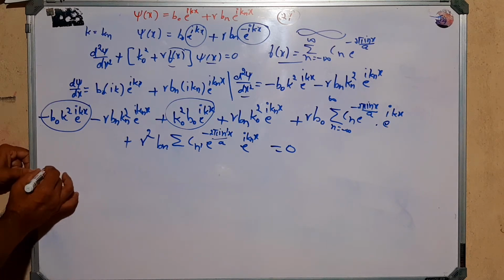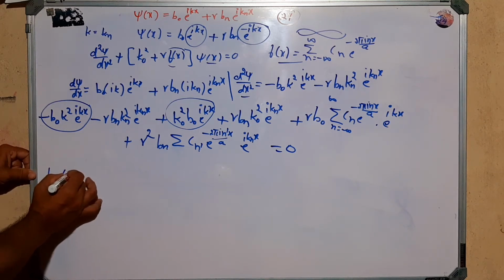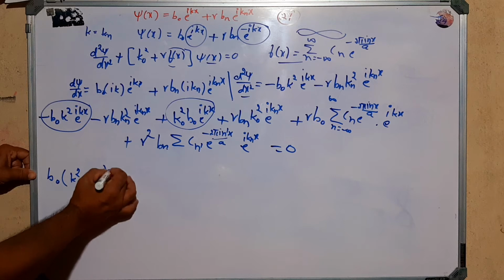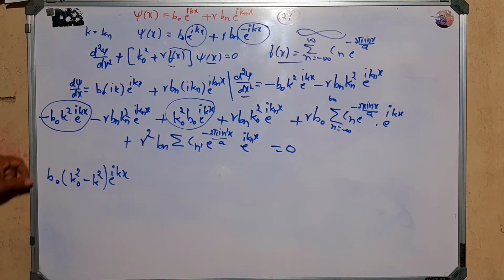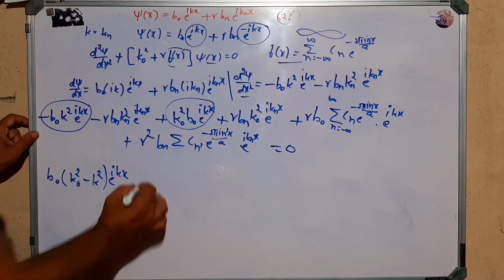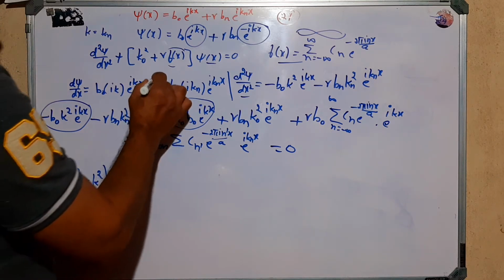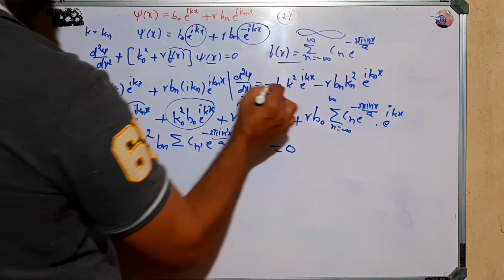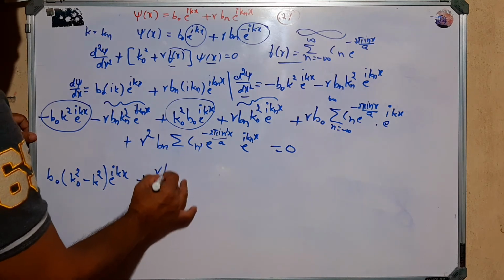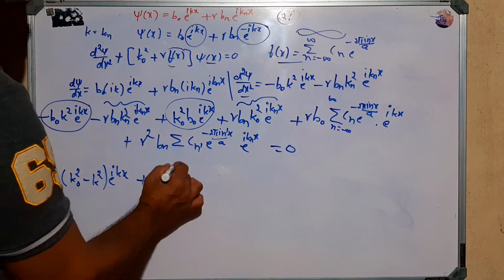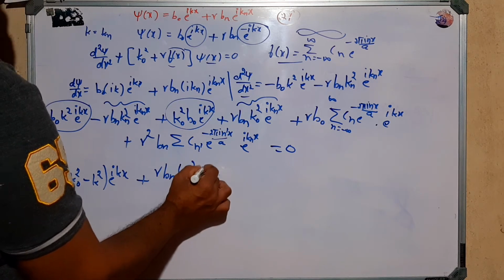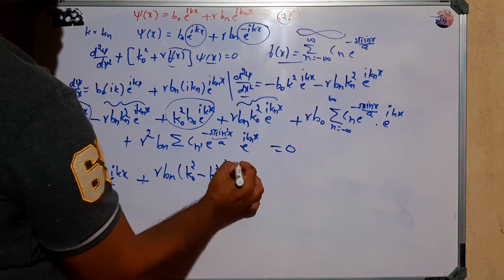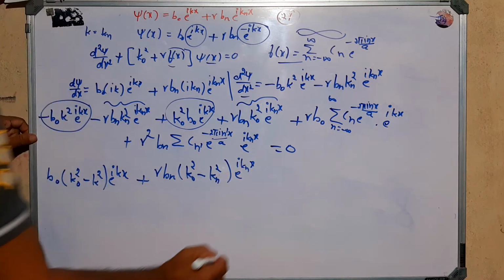We get b₀ (k₀² minus k²) e^(ikx), plus the second one: you can consider this term and this one together, and you get γ bₙ (k₀² minus kₙ²) e^(iknx).